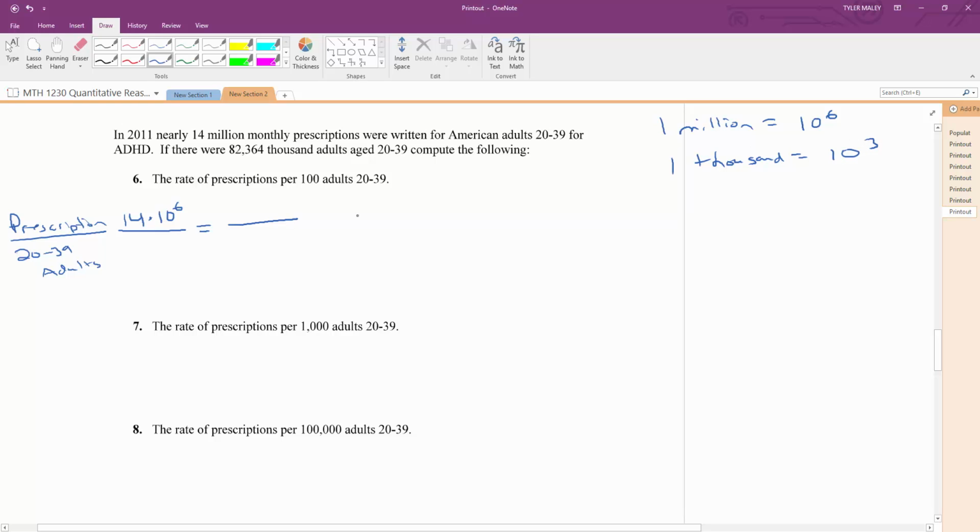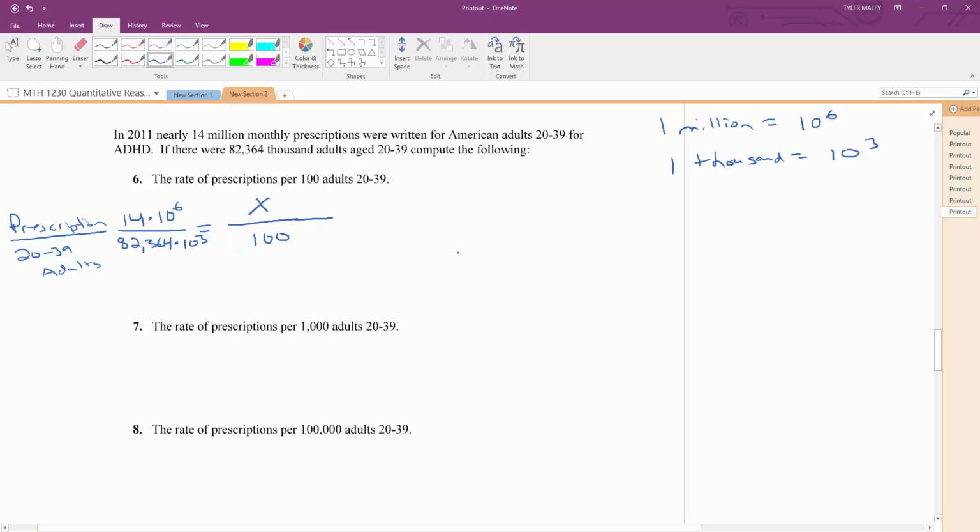So we had 14 times 10 to the 6th prescriptions, and then there are 82,364 times 10 to the 3rd, because that's 1,000 adults. So what I want to do is have 100 adults on the bottom.